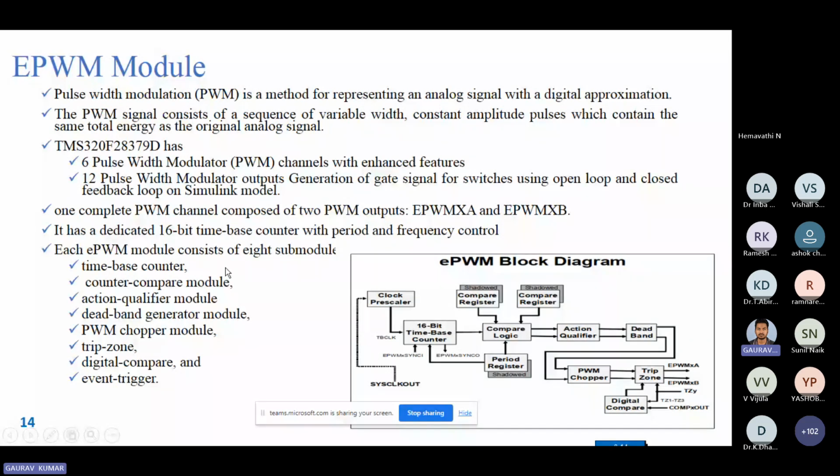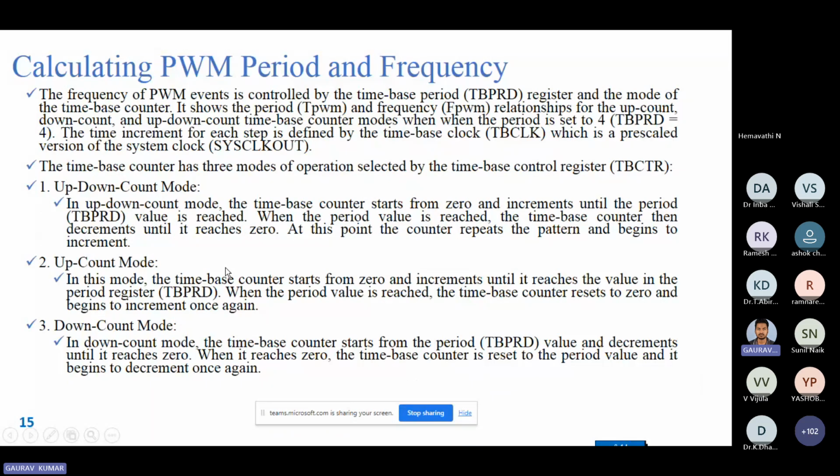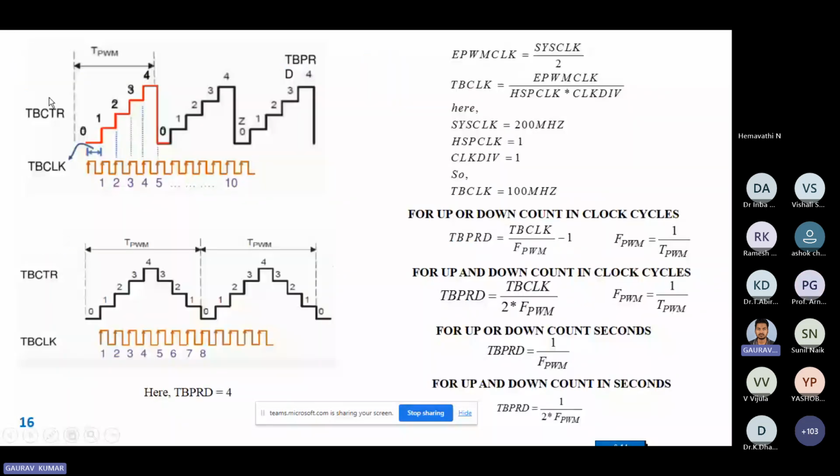Moving to the next slide, calculating PWM period and frequency. How do we calculate the PWM period and frequency which we want to generate with the help of the EPWM block? See this slide. When we want to generate the EPWM pulses with the help of an up counter, down counter, or up and down counter, we have to follow these waves.